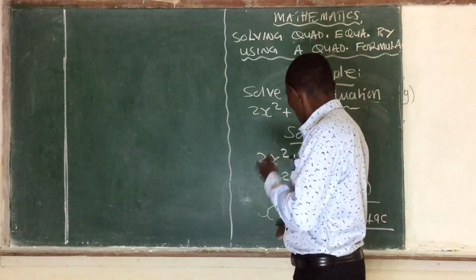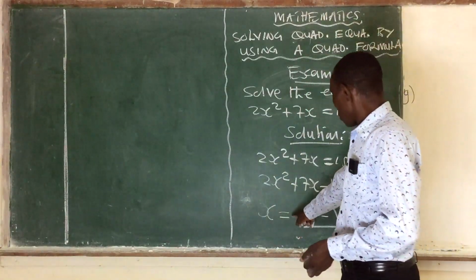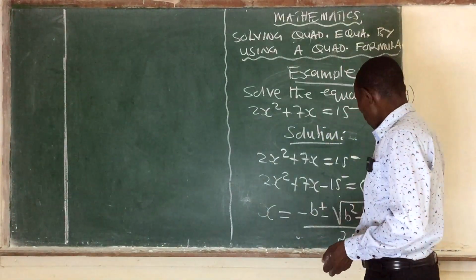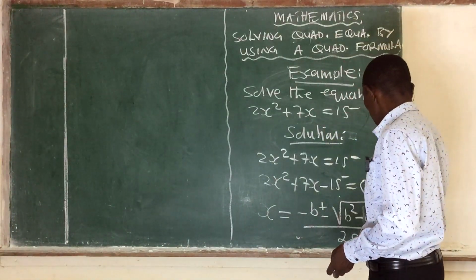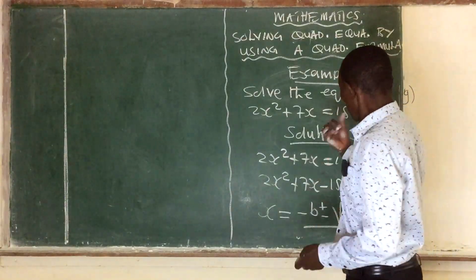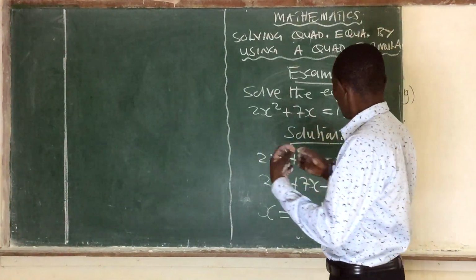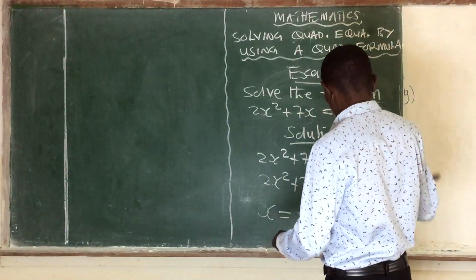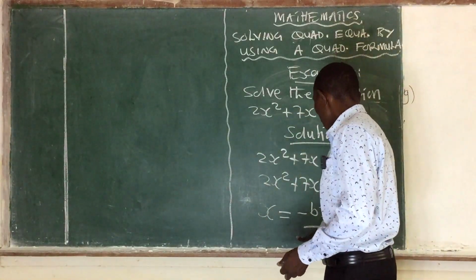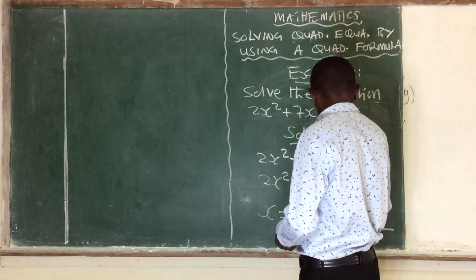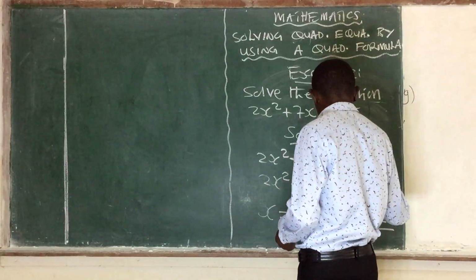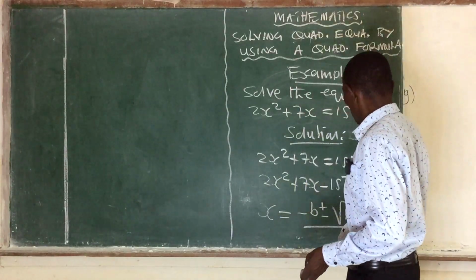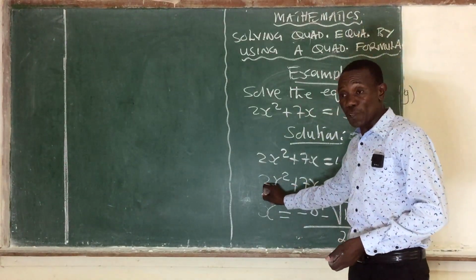Each time I need to find the value of x, I need to consider the letters in this formula, which are a, b, and c. We already discussed that a, b, and c represent the constants of a particular equation. So I need to come up with the representation of a, b, and c from the equation we have up here.